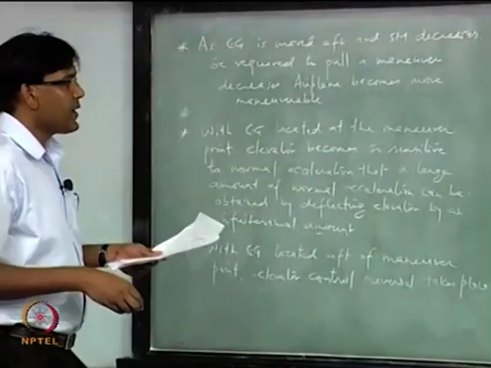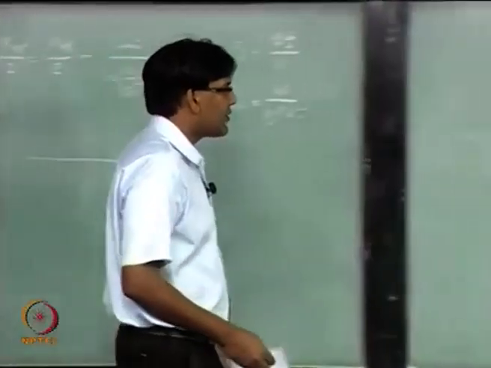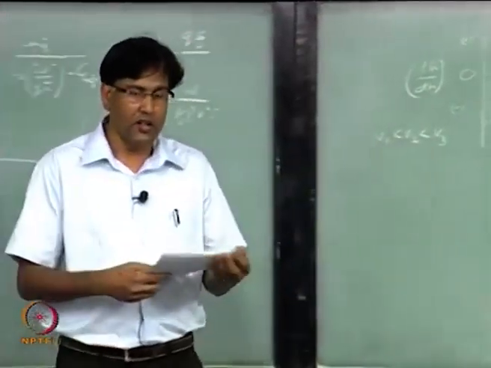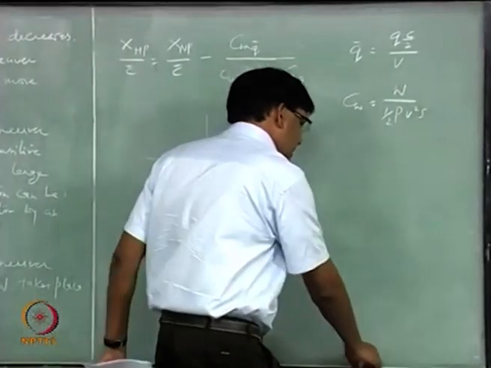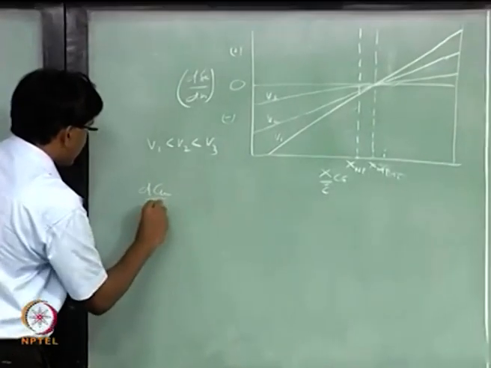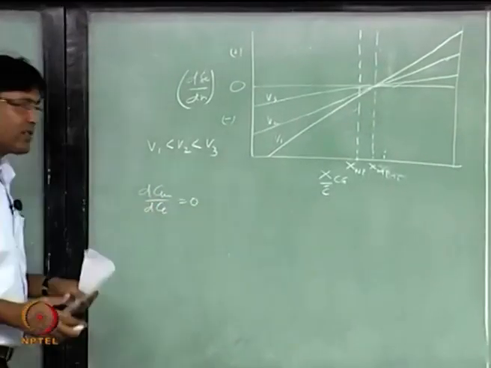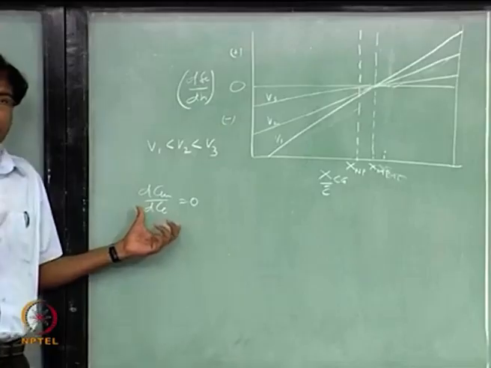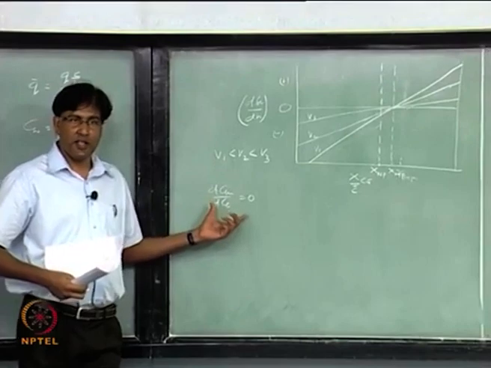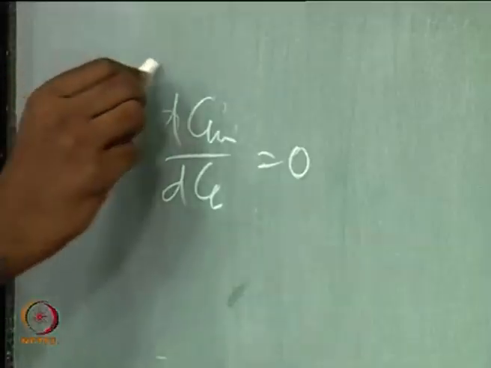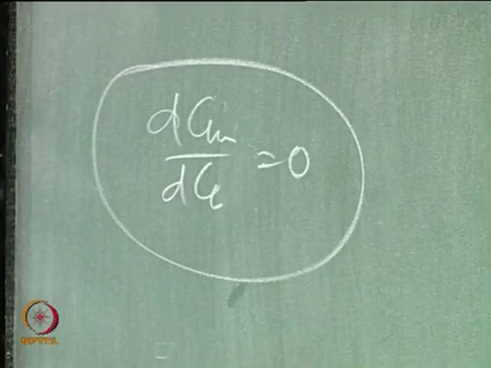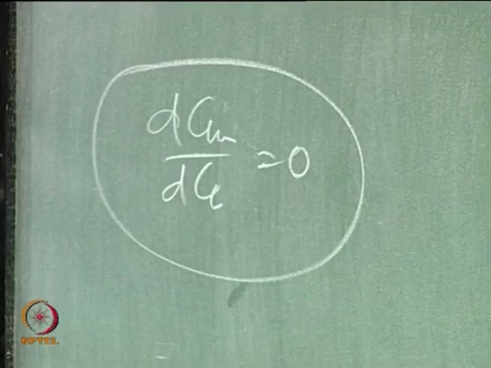right. So, one of the ways to find the XMP in some other book is also by setting this to 0, but with the q effect included, right. So, I would give you this as a homework problem.